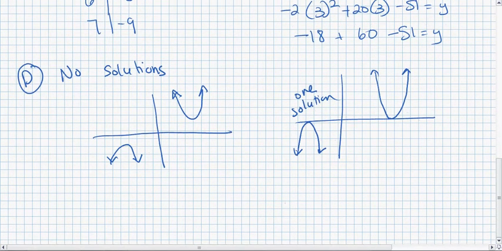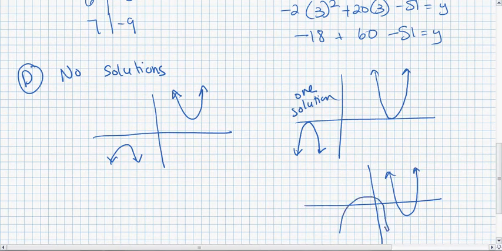And if the parabola is crossing at 2 points, like this or like this, right, there would be 2 solutions, 2 places where the graph of the quadratic crosses the x-axis.